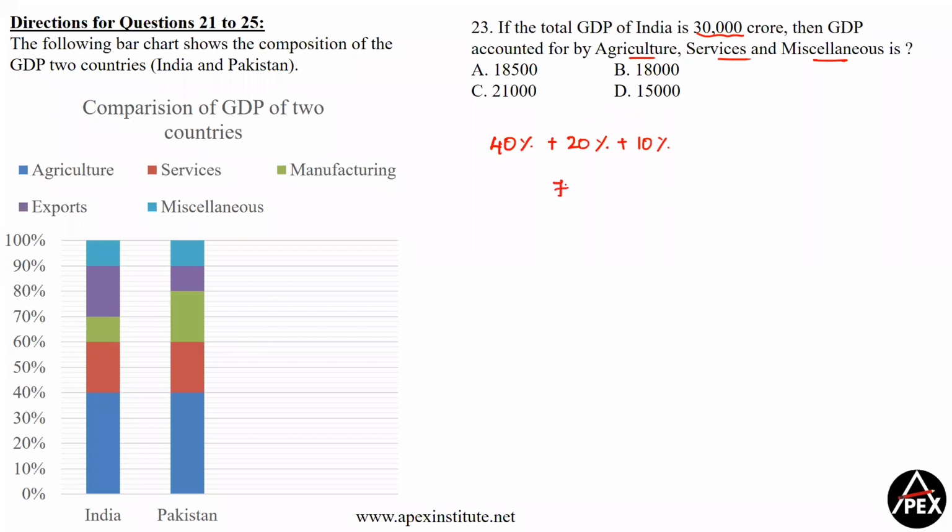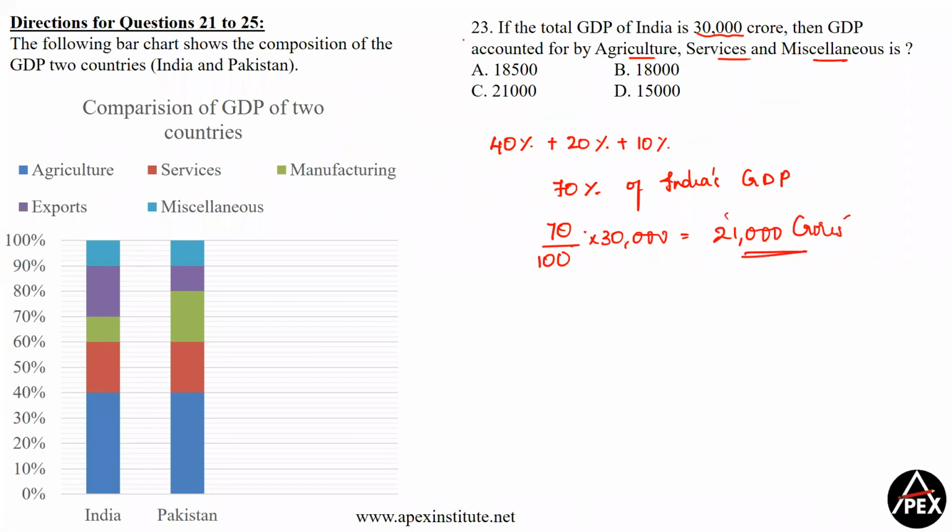So 70% of India's GDP is accounted for by these three sections only. What is 70% of 30,000? 70 by 100 into 30,000 is 21,000. So 21,000 crores are accounted for by these three departments. The answer for this question is C. So we have got the right answers for these three questions.